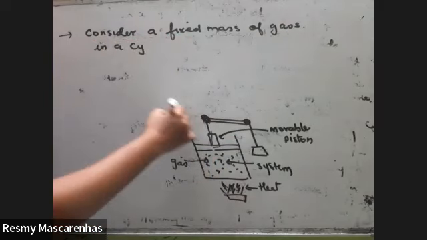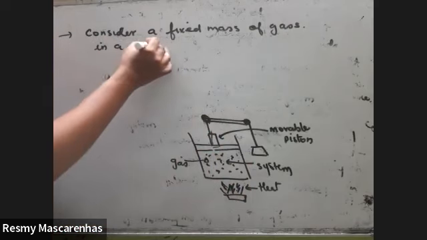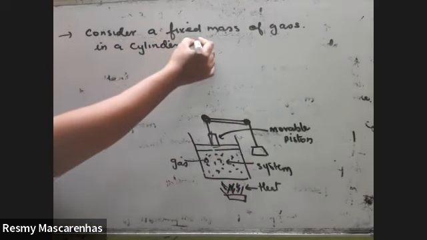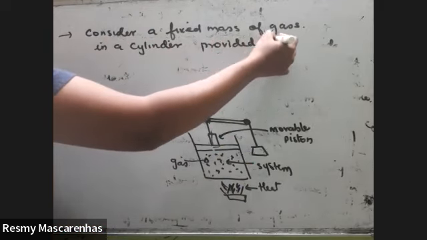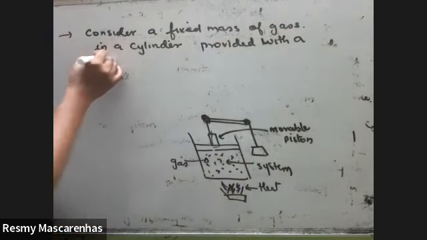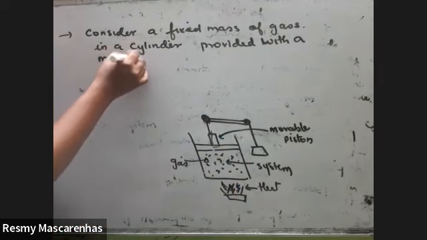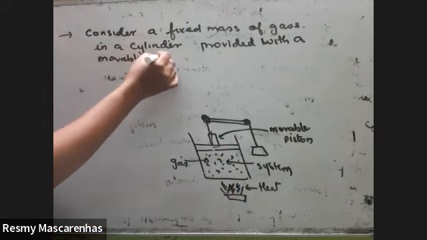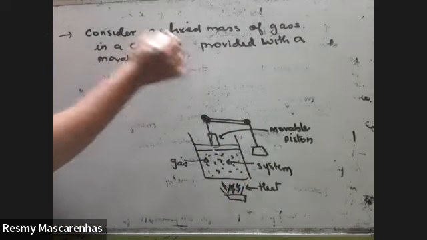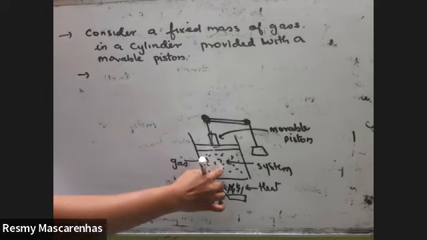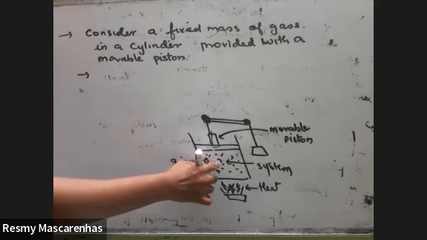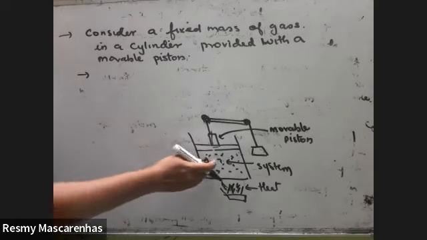This whole thing is a cylinder provided with a movable piston. Suppose I want to increase the internal energy. Now my aim is to increase the internal energy of the gas.